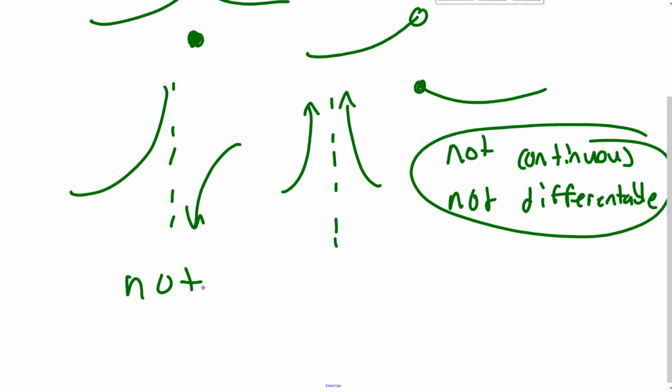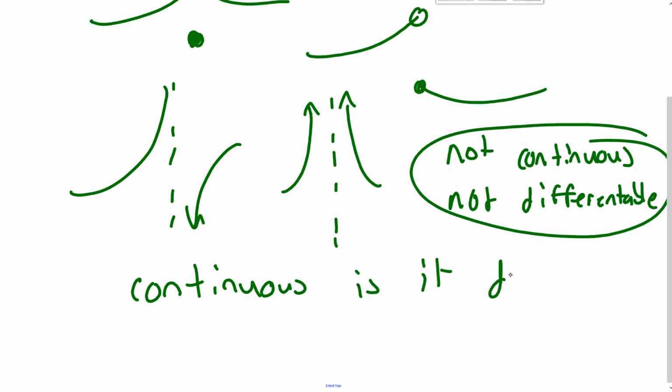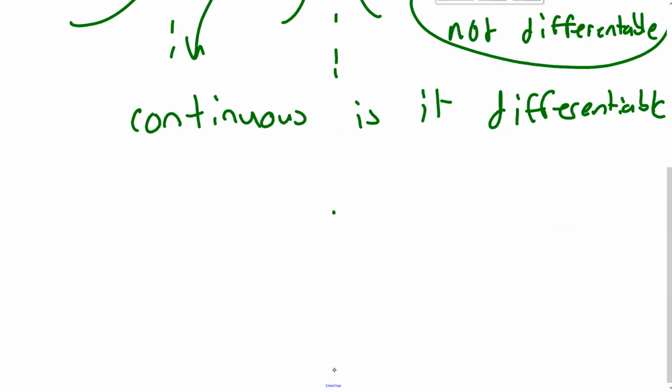But what if it is continuous? If it's continuous, then is it differentiable? Did I spell it right that time? So what about this? That's continuous, right? That's a continuous function, y equals absolute value of x.